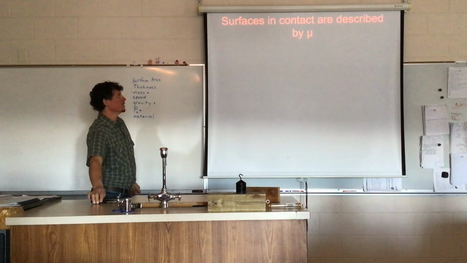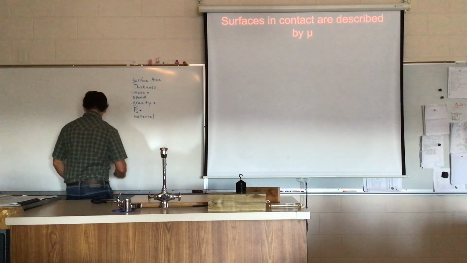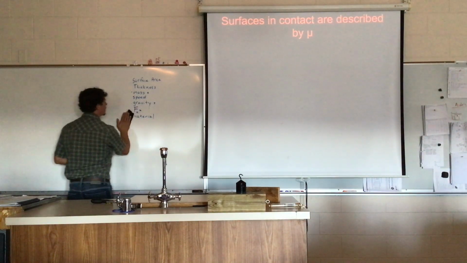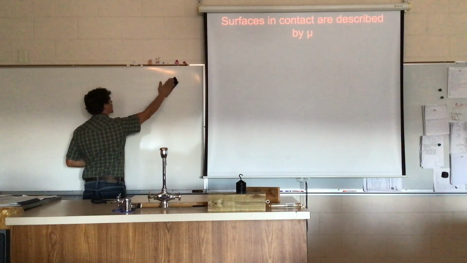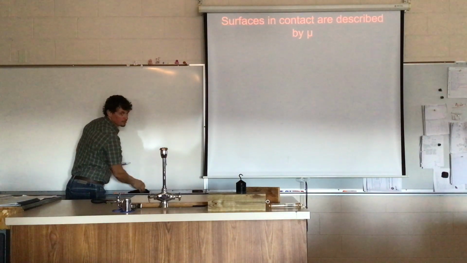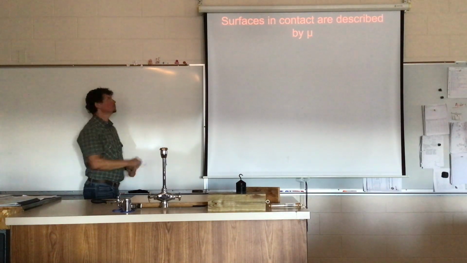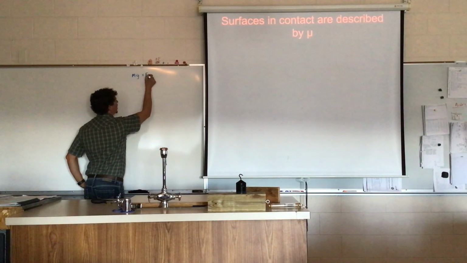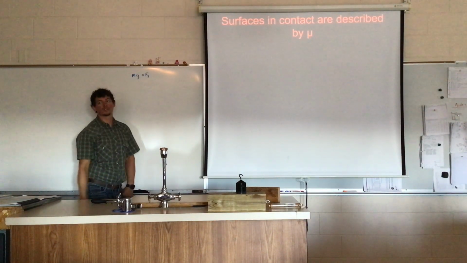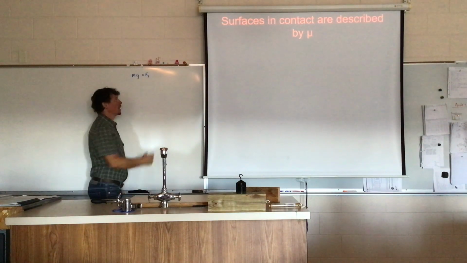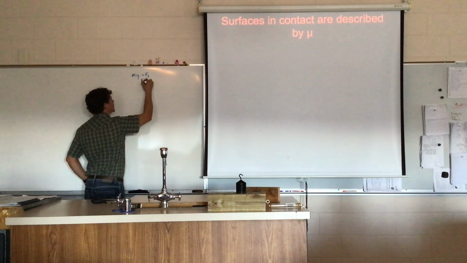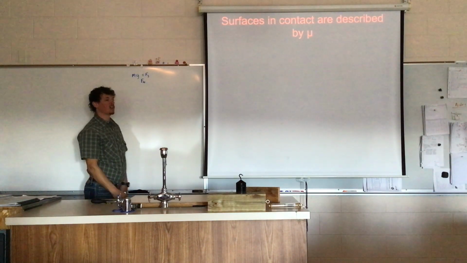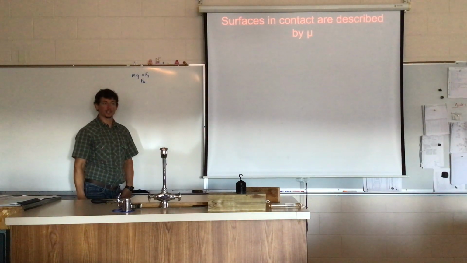Before I show you some of the examples, let's go over symbols a little bit. How do I abbreviate force of gravity? mg, or Fg. How do I abbreviate normal force? Fn. Now, how do I abbreviate coefficient of friction?